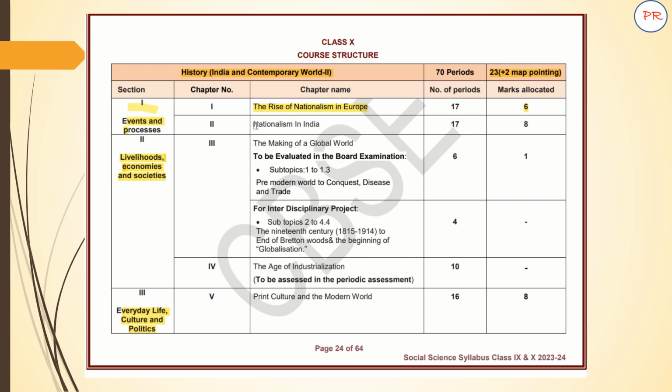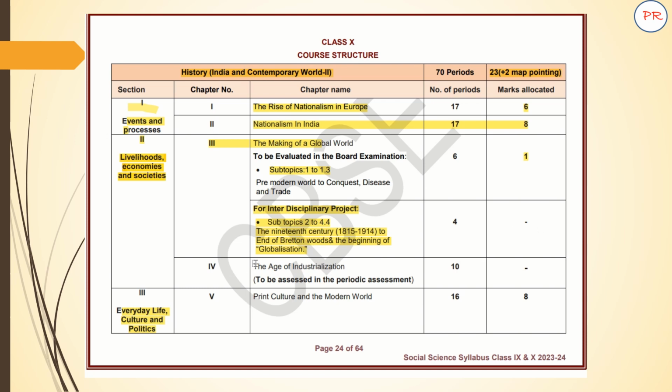Nationalism in India will be asked for 8 marks. The rise of the global world will be only for 1 mark. Only the part from 1 to 1.3 will be asked. The remaining part is kept for the interdisciplinary project, so that won't be asked in the final board exam.